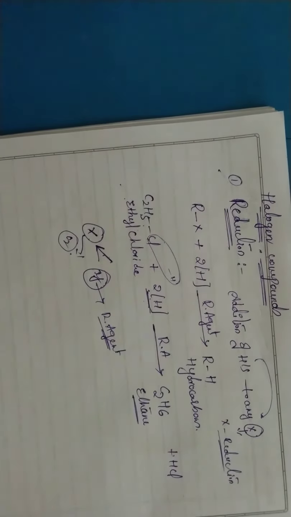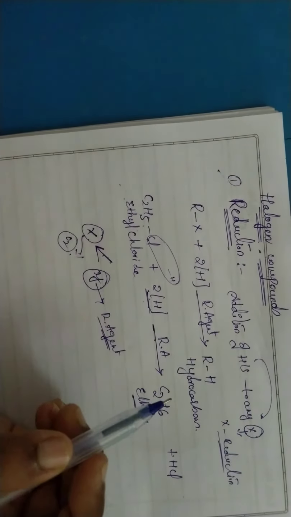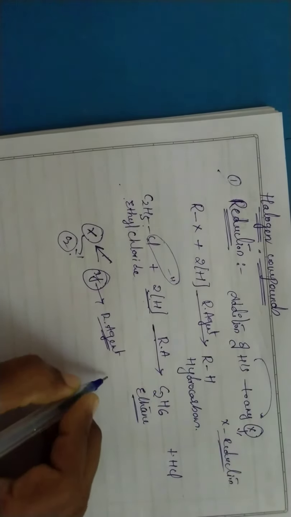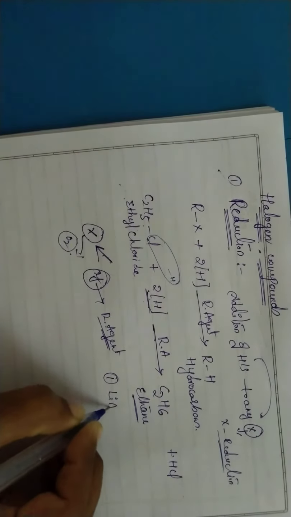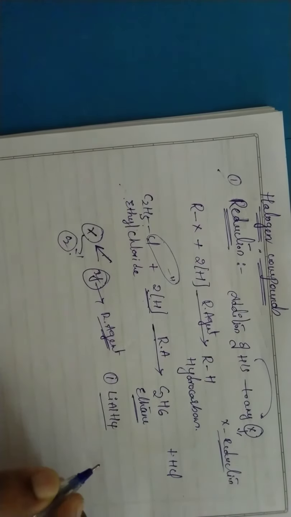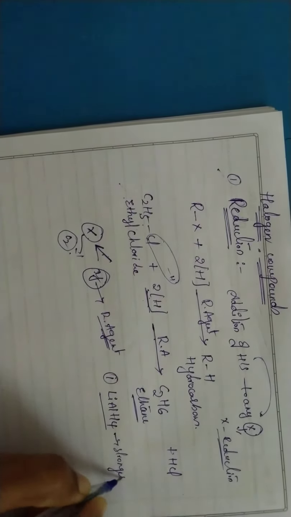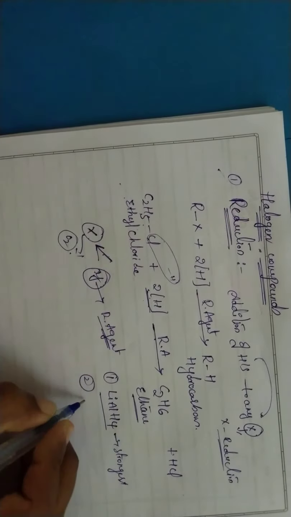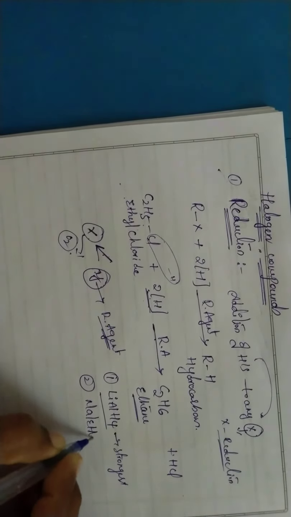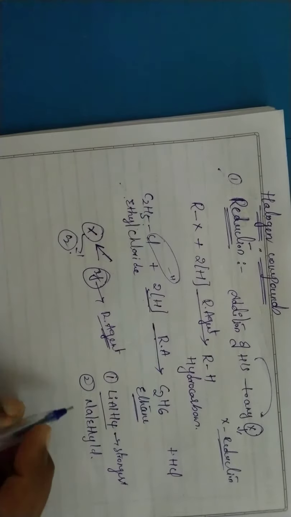So what reducing agents are we using here? We have different types of reducing agents. The first one is lithium aluminum hydride, which is the strongest reducing agent. Next comes sodium in ethyl alcohol, or sodium in ethanol.